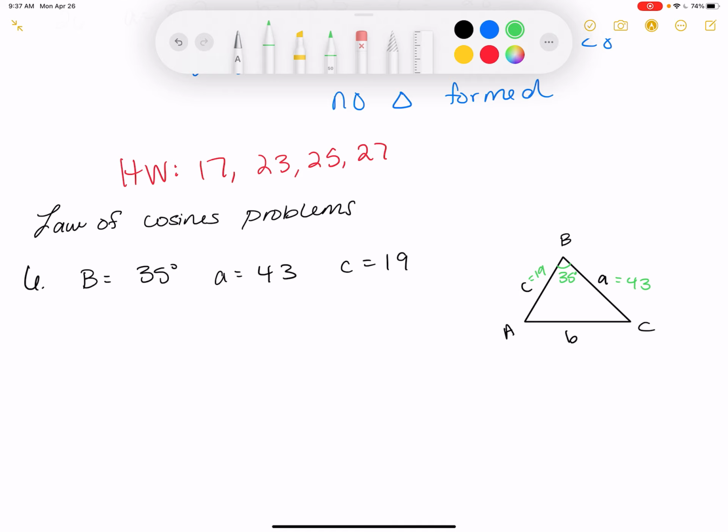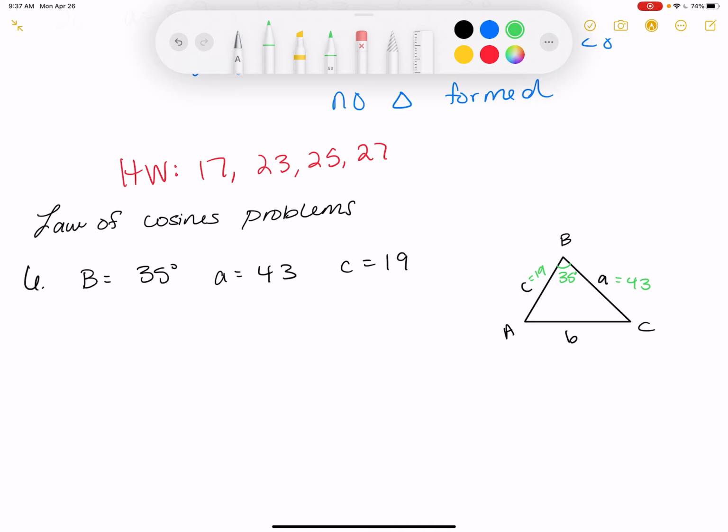Okay, how many triangles do I get with law of cosines? 1. Always 1. That was a trick question. Law of sines is the one where with our side angle case you could have either no, 1, or 2 triangles. With law of cosines, we always just have 1 triangle.